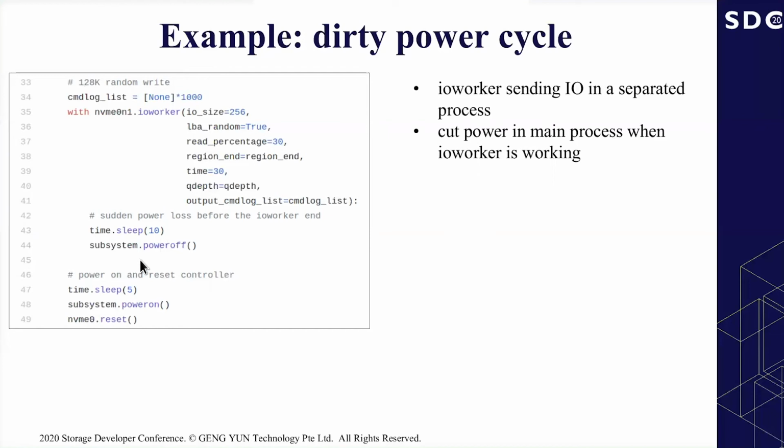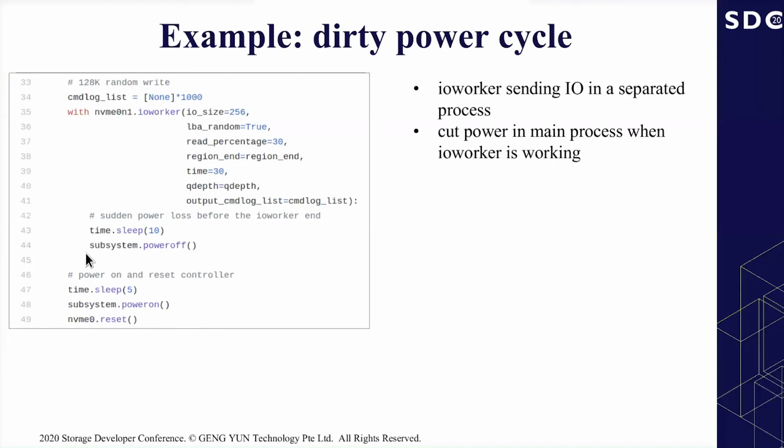The ioworker will be terminated after power loss. After that, we power on the SSD again and continue the test. This is a very common but important test of SSD called the dirty power cycle test.